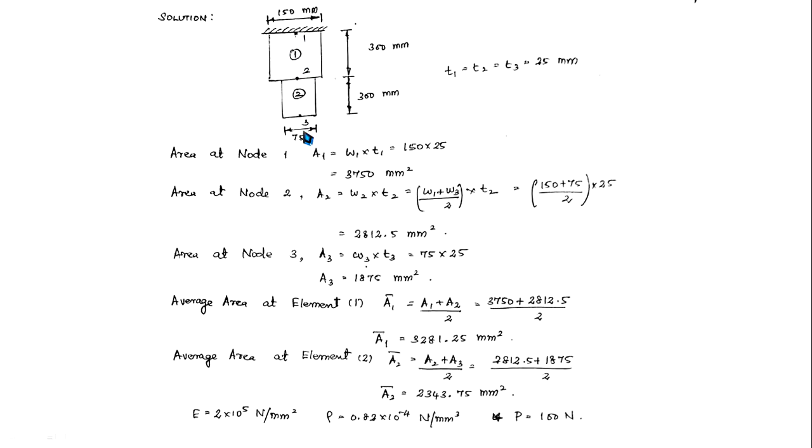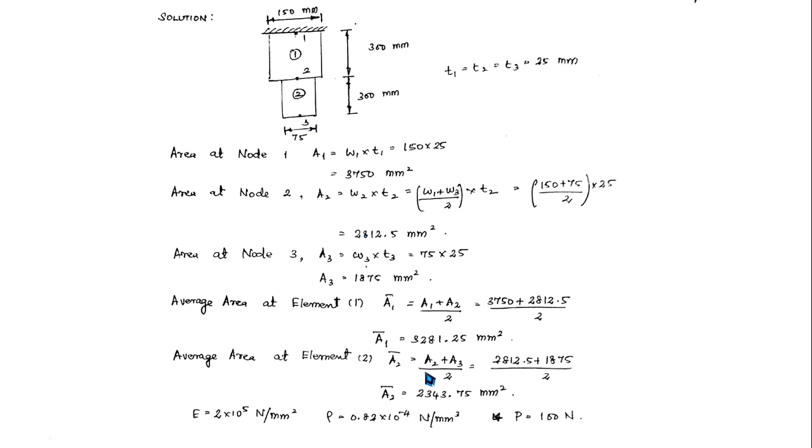Now what's the next step? Now you have to compute the area of element 1. How do you do it? Just calculate the average of these two. (A1 + A2) by 2 gives the area of element 1. Now how do you do it for element 2? Element 2 has two nodes, 2 and 3.